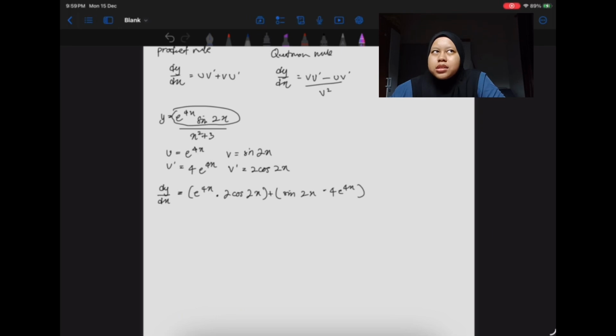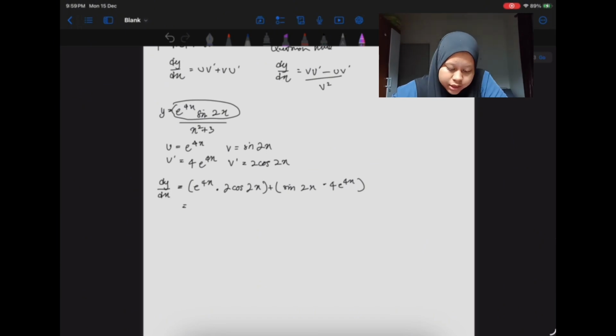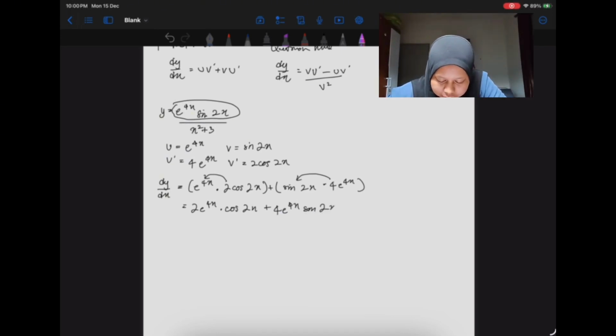We multiply with the exponent, so 2e^(4x) cos 2x plus 4e^(4x) sin 2x.